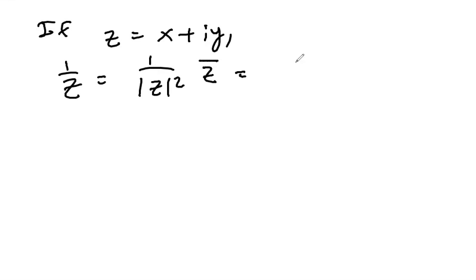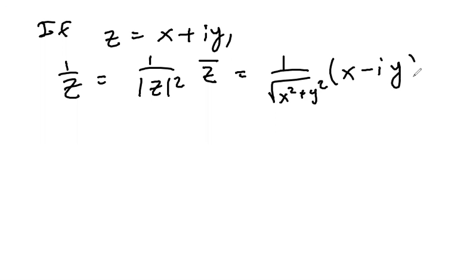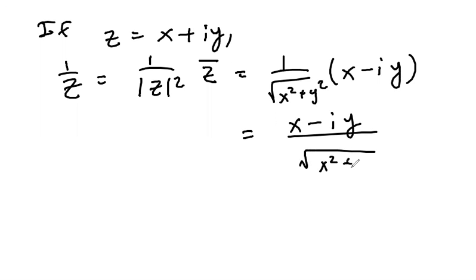And now using x's and y's, it's 1 over x squared plus y squared times x minus iy. There's the conjugate. Sometimes I might just write it as x minus iy divided by x squared plus y squared. So this is our formula for the reciprocal of a complex number.